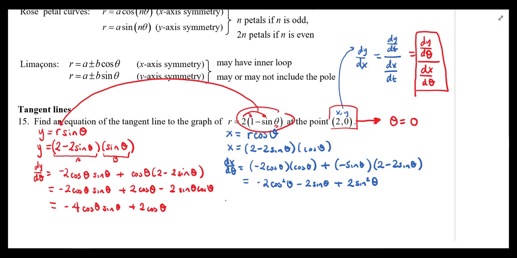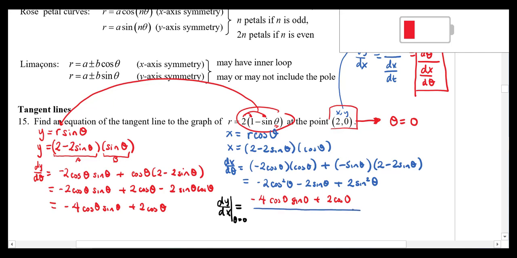So now let's find the slope at theta equals 0. I'm going to plug in the dy/d theta on top: negative 4 cos 0 sine 0 plus 2 cos 0. And on the bottom: negative 2 cosine squared 0 minus 2 sine 0 plus 2 sine squared 0.